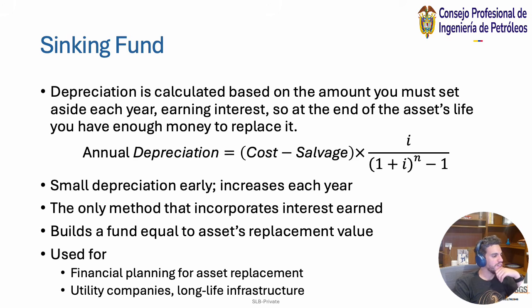So a small depreciation early increases each year. This is the only method discussed here that includes interest, the interest earned, and it's really used for financial planning for asset replacement, like utility companies, long life infrastructure, etc. So these are just different depreciation methods. Lots of them are used in the petroleum and economics world, but these are different examples that you might be able to relate to, right?